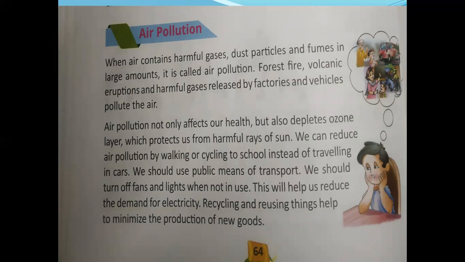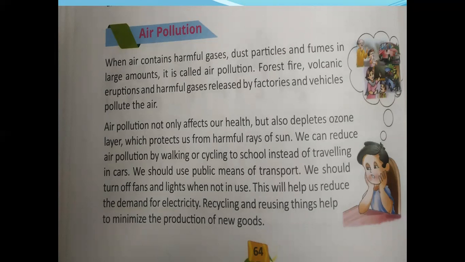How does it occur? When harmful gases, so much dust particles, germs, and smoke, fumes from the factories, from the vehicles get together, and when it mixes in air, that makes the air polluted, and that is called air pollution.